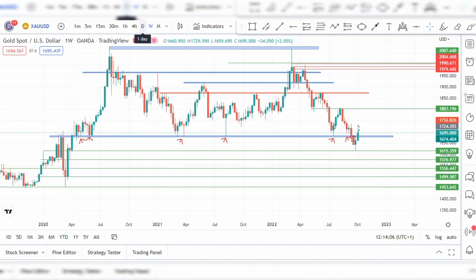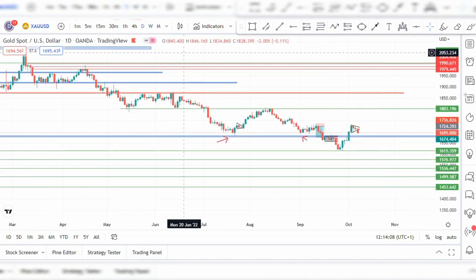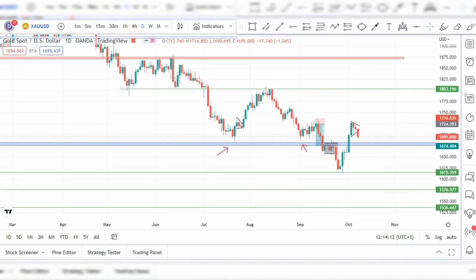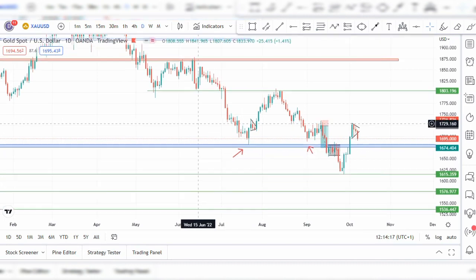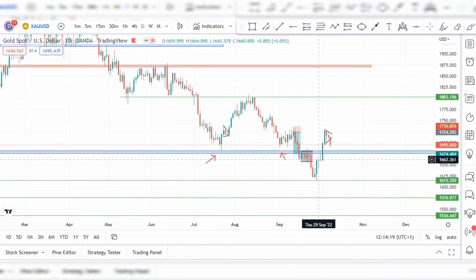And if we go to the daily time frame, we can see that price, like I said, broke above this resistance area here, or support on resistance.